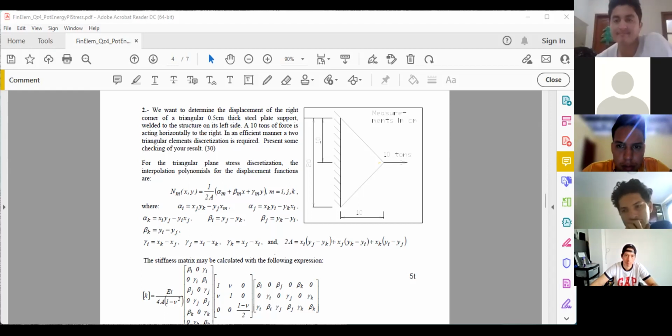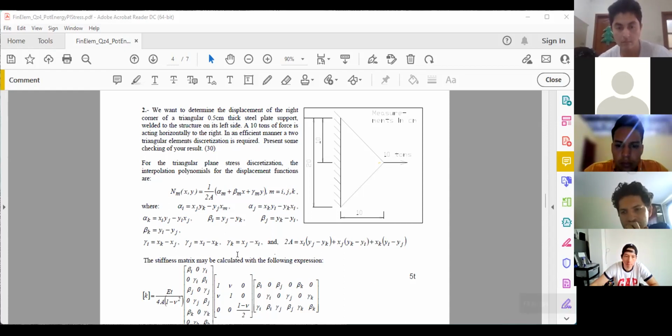Good. How about the gamma parameter? How much did you get for the gamma parameter of the right corner? How much did you get, Miss Lopez? -10. How much did you get, Mr. Zamora, for gamma of the right corner? -10.